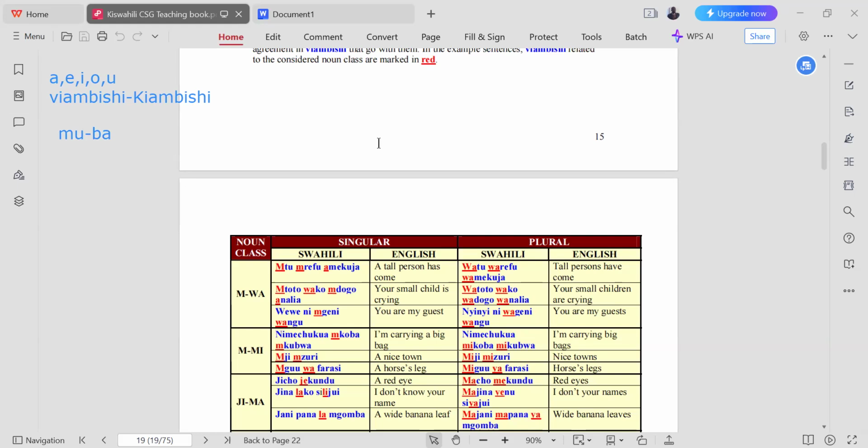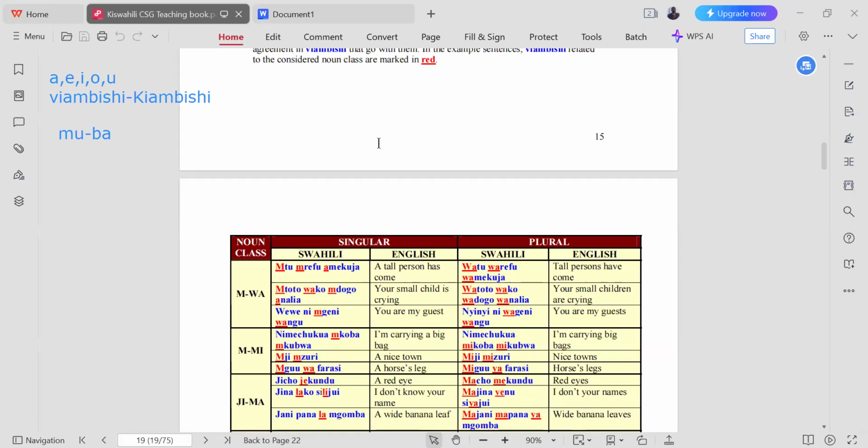In Swahili, the noun classification is M-wa, which is M and wa. So it's either mtoto, watoto. So that is the noun classification M-wa. Mtu, watu. Mtoto, watoto.